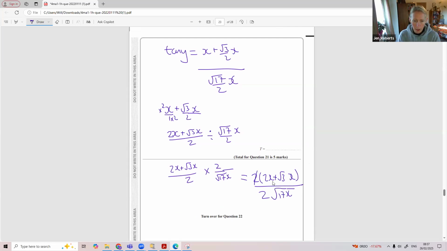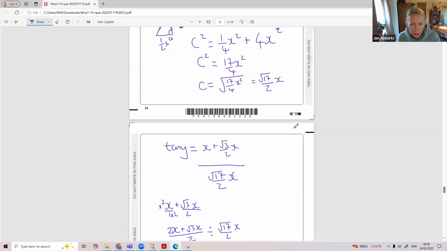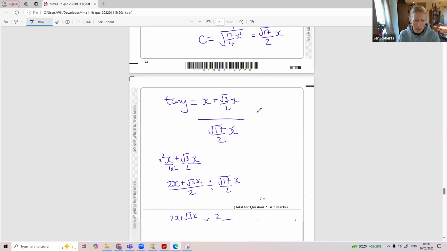Right, these twos cancel out. I'm left with 2x plus root 3 x all over root 17 x. Everything's got an x in, so I can cancel out the x's as well, which gives you 2 plus root 3 over root 17. But can you see from the beginning of the question, you need to rationalise the denominator.